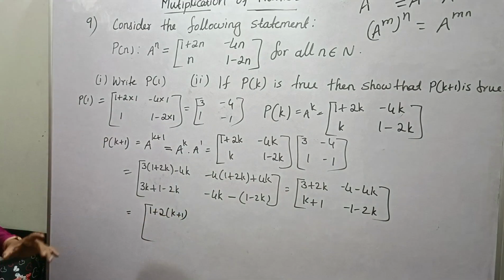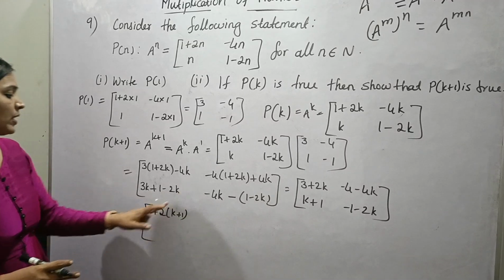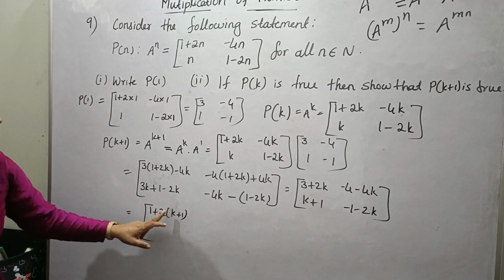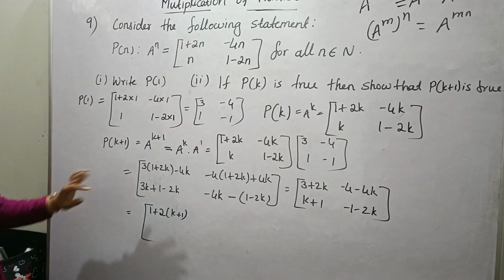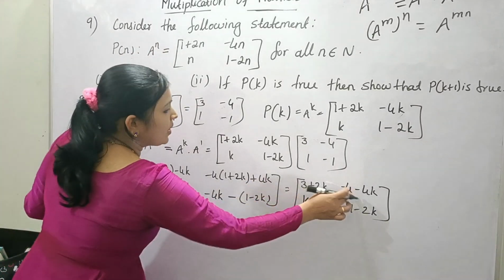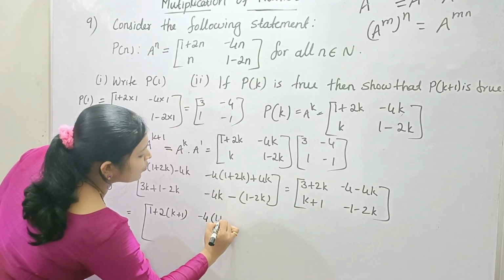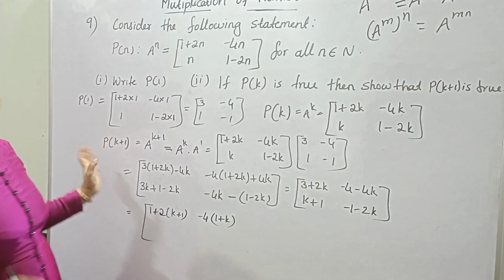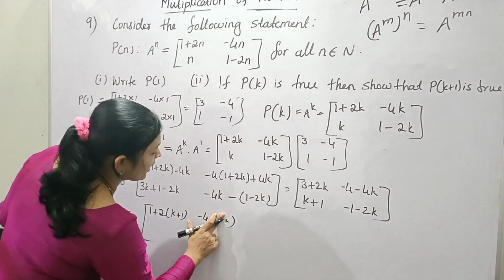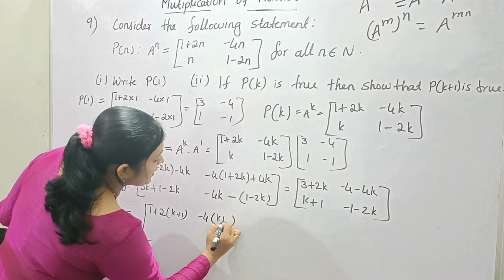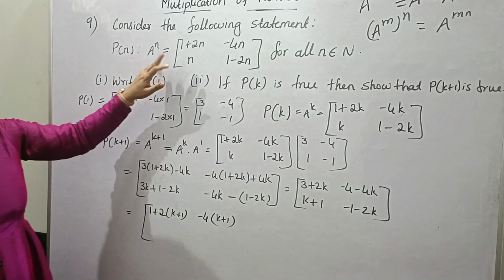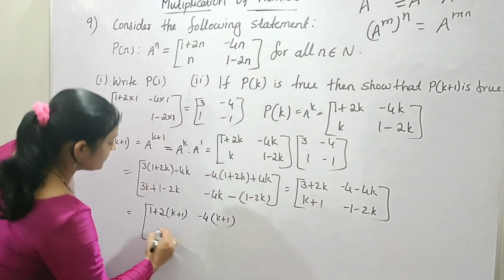After expanding and simplifying, you will get the same thing: 1 plus 2k plus 2, that is 3 plus 2k. Next one, take minus 4 outside, so you will get minus 4 into k plus 1. Then next, k plus 1 itself.